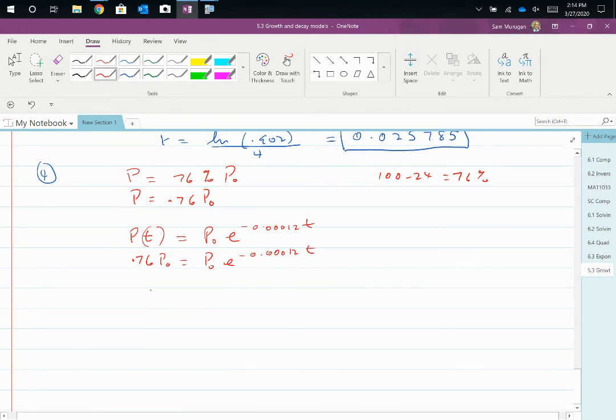Notice that the P0's are going to cancel out, so we get 0.76 is equal to e to the power negative 0.00012t. Take logarithms on both sides. Use the power rule to bring that to the front.